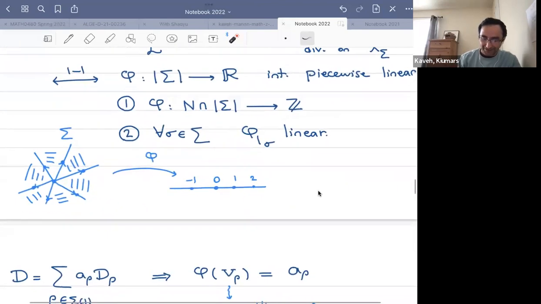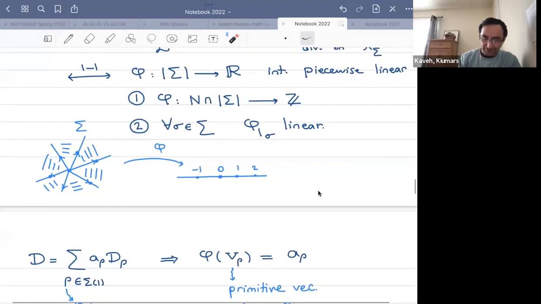Okay. So what is the data of a piecewise linear map with respect to the fan? If you have a bunch of cones representing the fan, then you look at the rays of this fan, meaning one-dimensional cones, and you look at some fixed vectors on each ray.